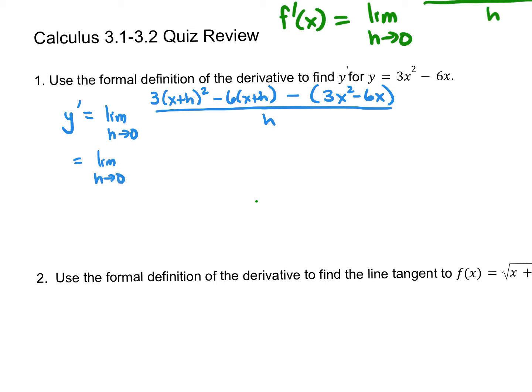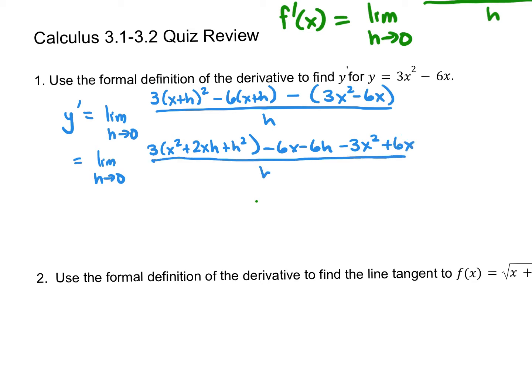So I can FOIL out the (x plus h) squared. If you recall, we said that's x squared plus 2xh plus h squared. And you could certainly go ahead and FOIL that out, but if you remember that expansion, that's helpful. I'll distribute the negative 6, and then I'll distribute the negative sign on the last part through the original function, all over h.